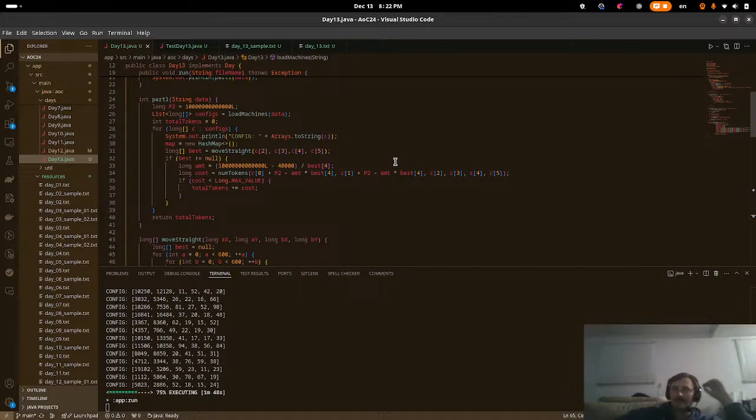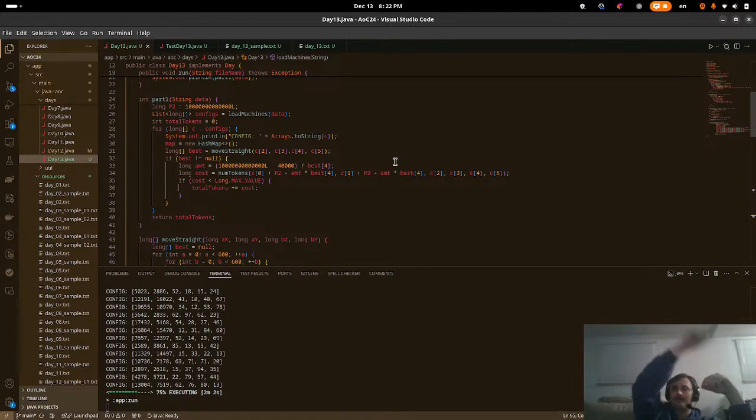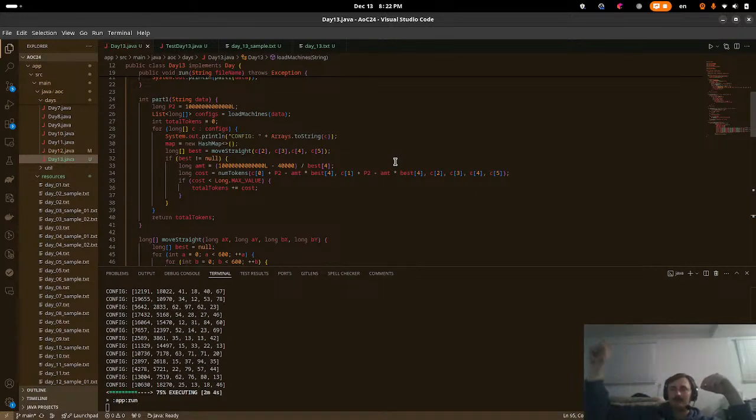So if you just imagine that the crane starts at the bottom left corner of a matrix and the prize is at the top right corner of a matrix, I don't think there should ever be a case where you would need to leave the bounds of that rectangle to get the shortest path.